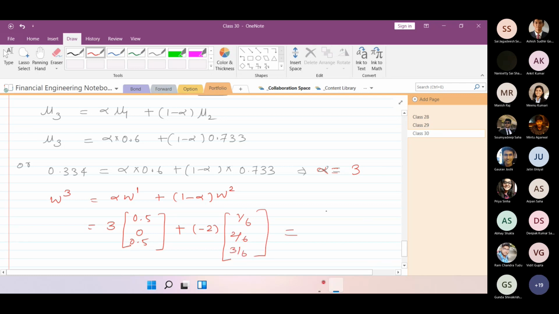What would be the final value here? So instead of 0.50, 1.5, you can take it as 1 by 2 so that I can write not in the decimal but as a fraction.